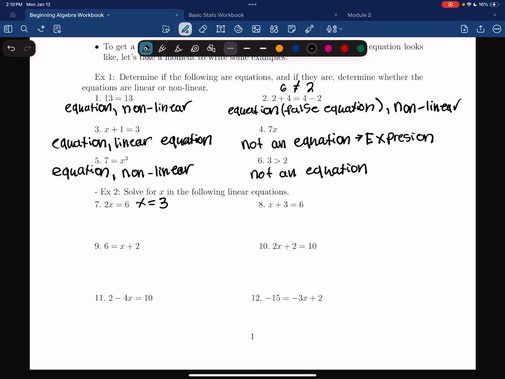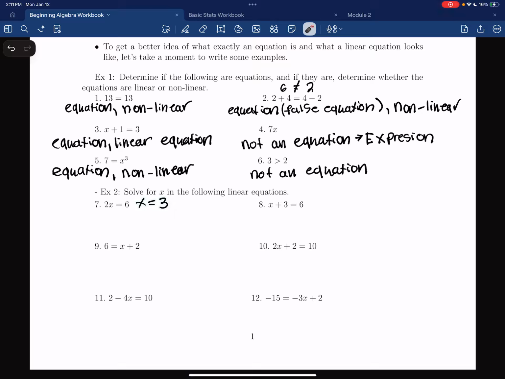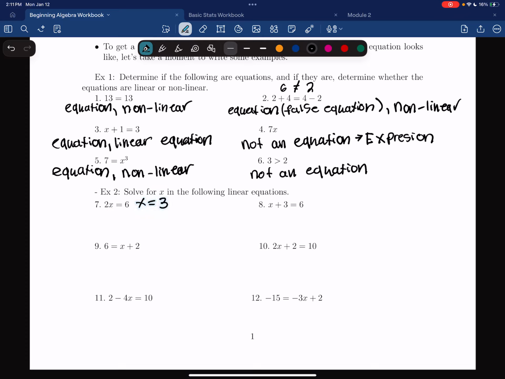Let's see if this logic holds true when we solve this algebraically. So to solve this algebraically, what you have to do is do the opposite operation of what's being done to x. So 2 is being multiplied by x. So to undo this multiplication, we have to divide. And we're going to divide by 2 specifically, so these cancel, and we're just left with x.